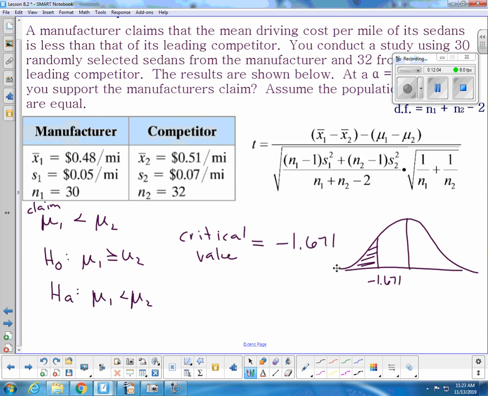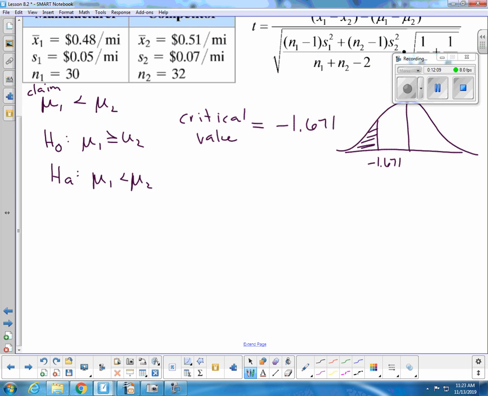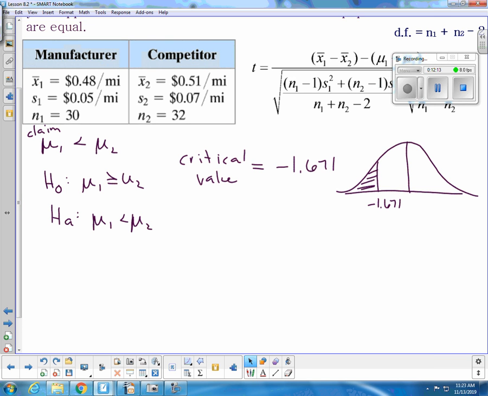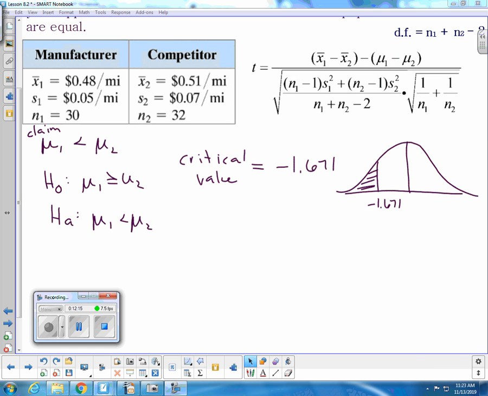Now find your T score using that formula. And it's big, guys.